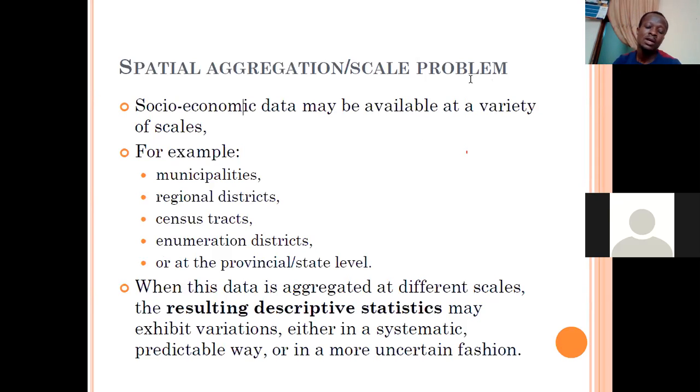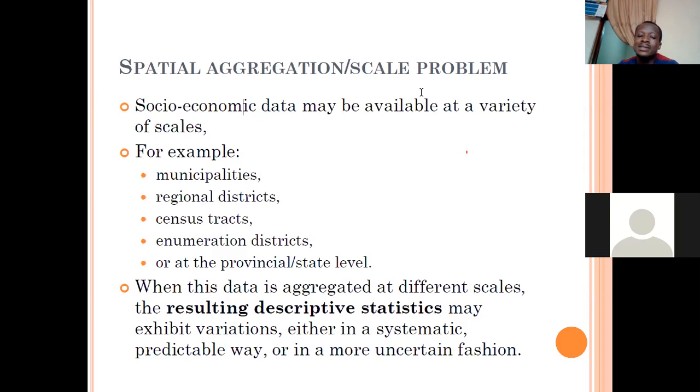But how do we report data? Normally we talk about the GDP of a country, the gross domestic product. But the gross domestic product is an average, and so it's not an indication. In fact, the gross domestic product is saying that everybody in the country earns a certain amount, which is not true.